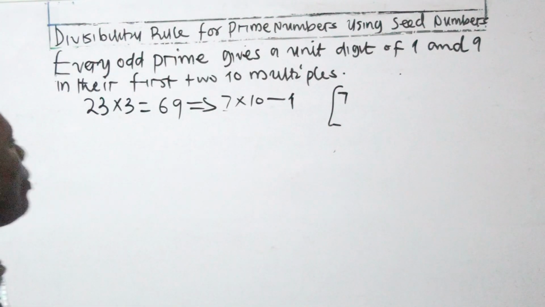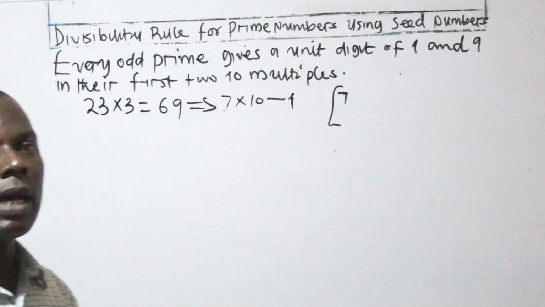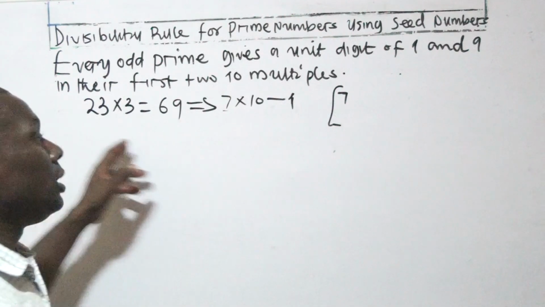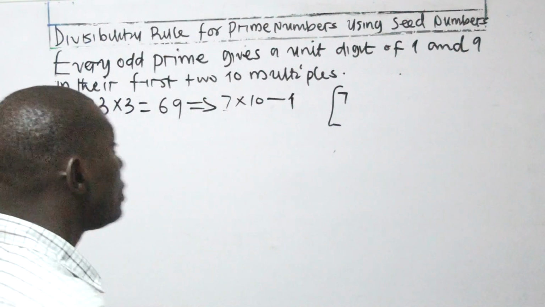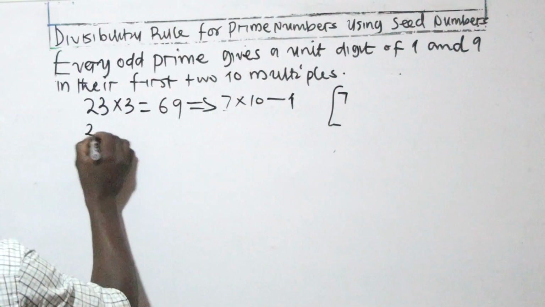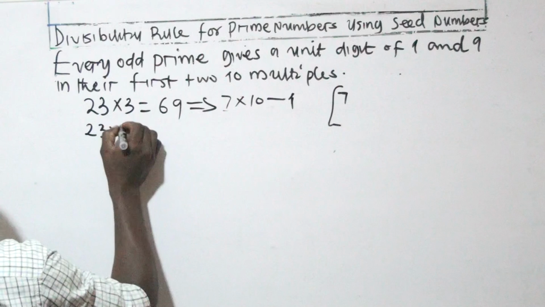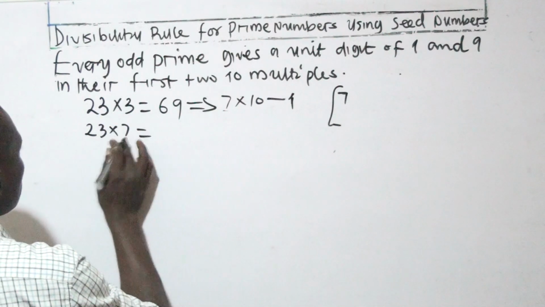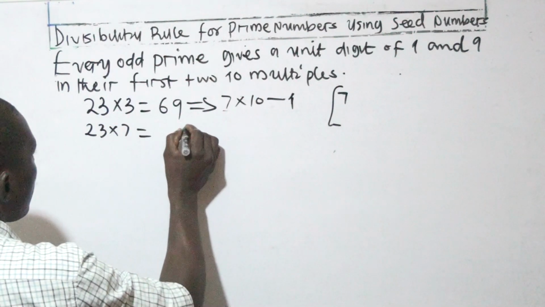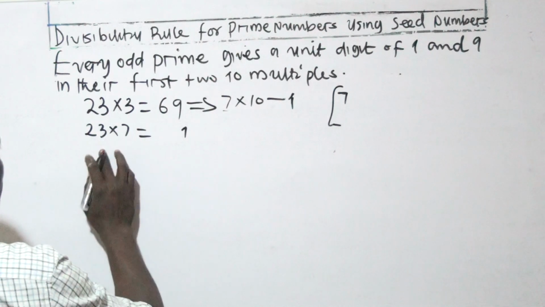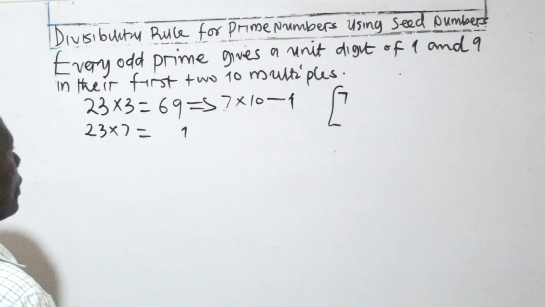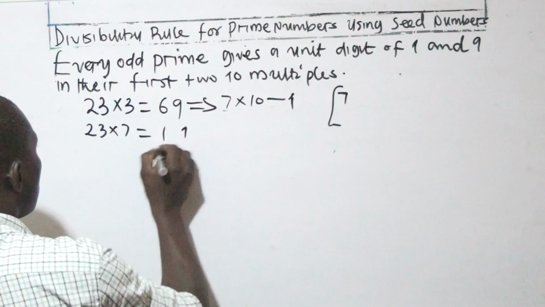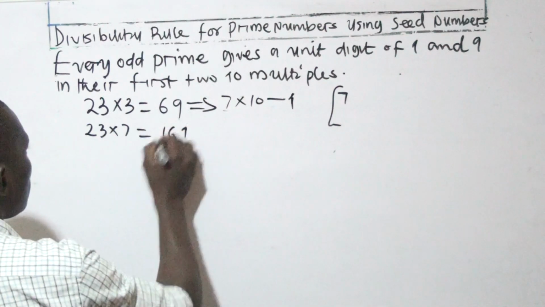What number do we use to multiply 23 so that the unit digit will become 1? We're going to use 23 times 7. 7 times 3 is 21, write the 1 as the unit digit and carry 2. 7 times 2 is 14, plus the 2, that will give us 16, so 161.